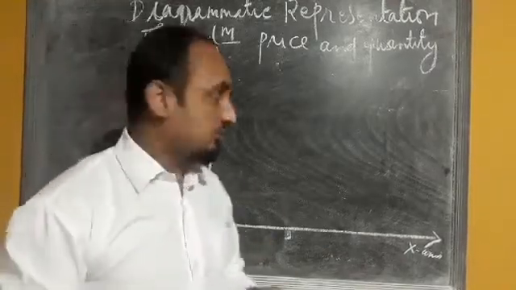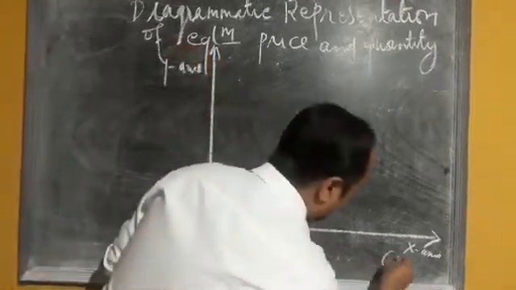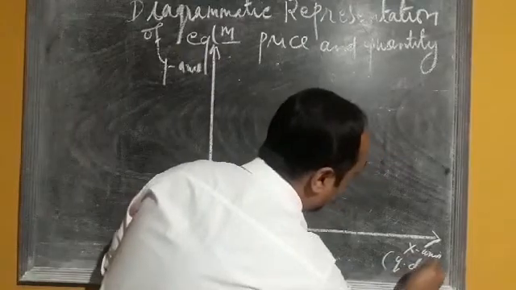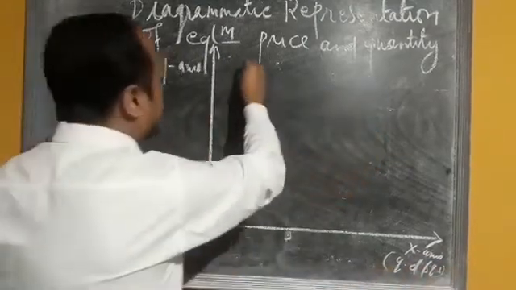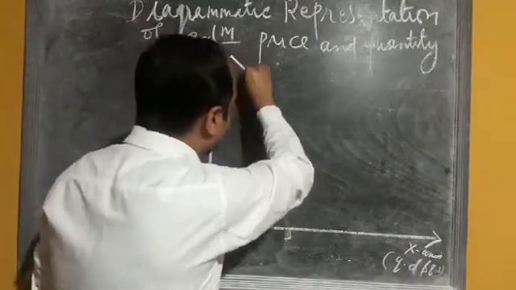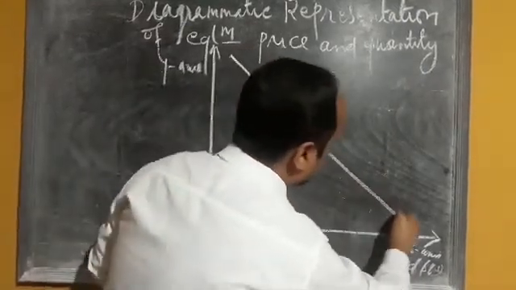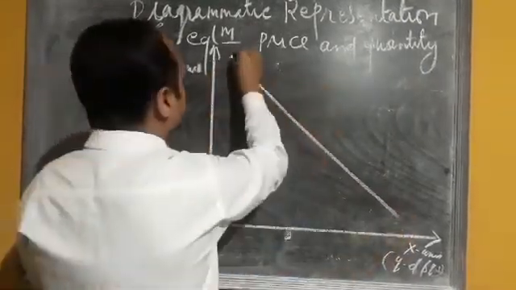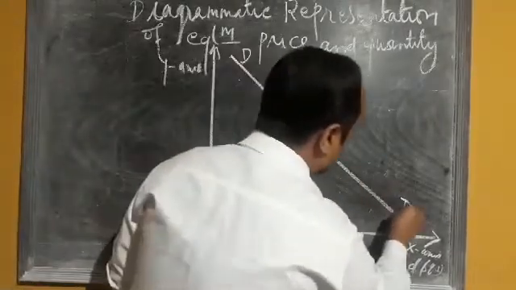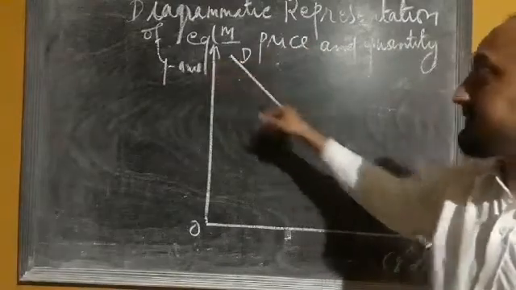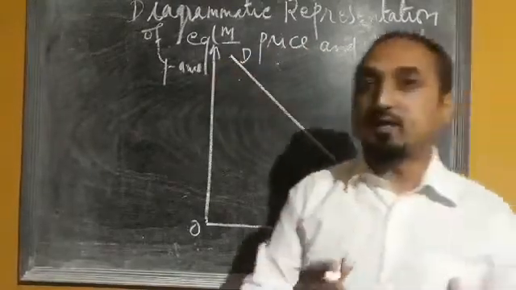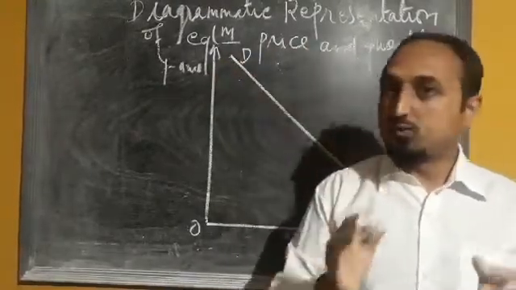Here we are measuring, suppose, quantity demand and quantity supply. We know that the shape of the demand curve will be downward sloping. So let's represent DD as the quantity demand. Here DD represents quantity demand, and we know that demand is downward sloping.